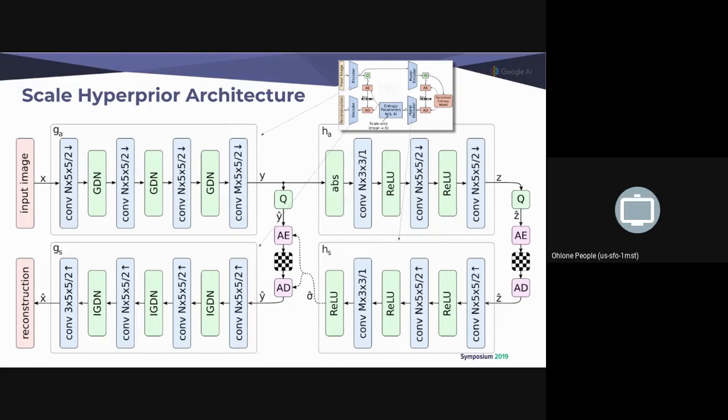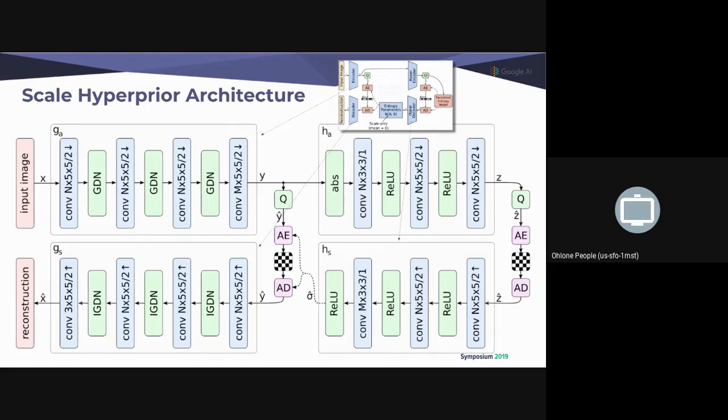And it tries to use the correlation between channels. So it will explicitly try to model this correlation. So the output of GDN is conditioned for every channel by all the other channels. So yeah, it provides a pretty good boost to the signal flowing through this network.